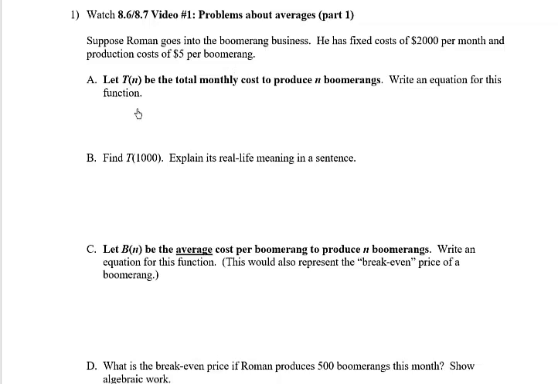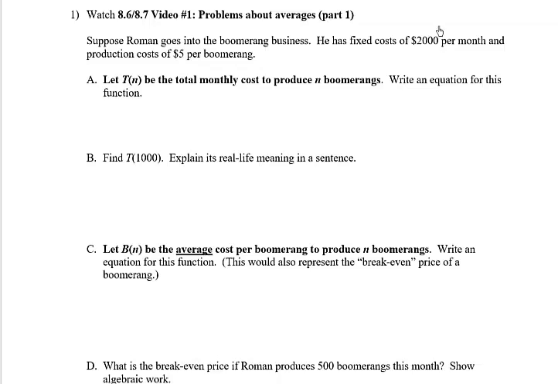Well, part A says let's write a function. The function is called T of n, and T of n stands for his total monthly cost when he makes n boomerangs. We're supposed to write an equation for this function. I don't know if you noticed when we were reading it through, but you should know what kind of function this is. Think about his costs.